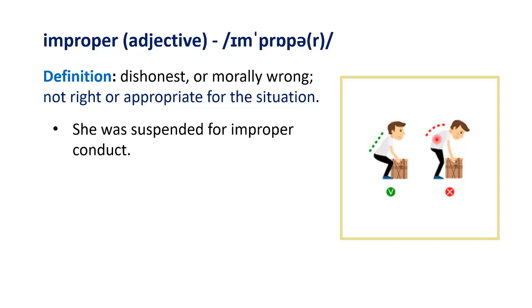Improper behavior, such as when discussing one problem with colleagues or staff who strongly disagree with her opinion, and she scolds or criticizes them with terrible words. It is improper behavior. So that's why the company suspended her.